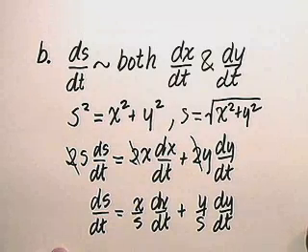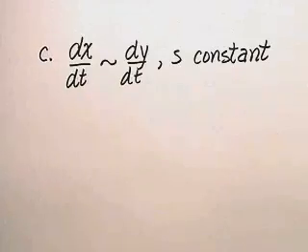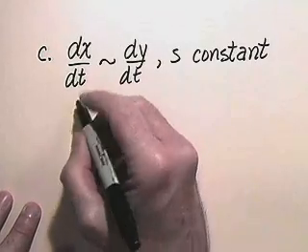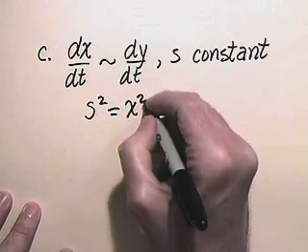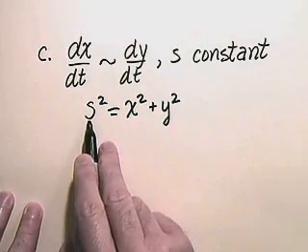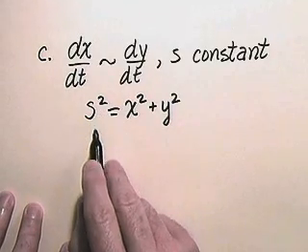Well, what about in the case where we look for the relation of dx/dt to dy/dt when we keep s itself constant? So now we have the equation s squared equals x squared plus y squared, but now this s is constant, so consequently s squared is also a constant.